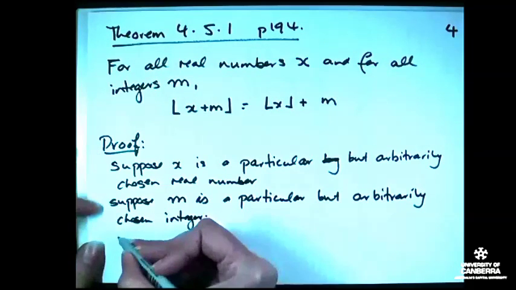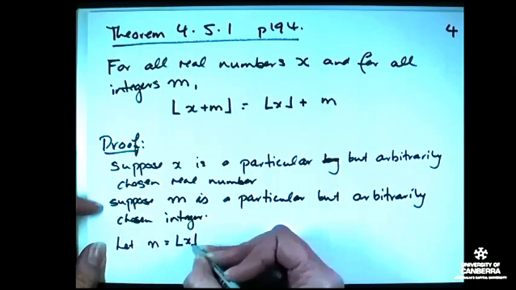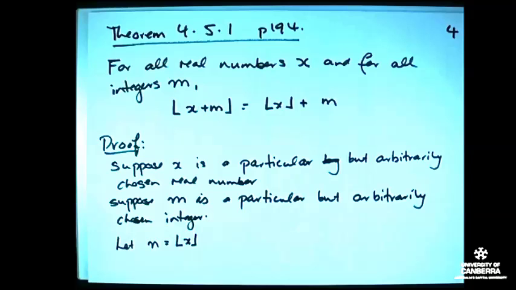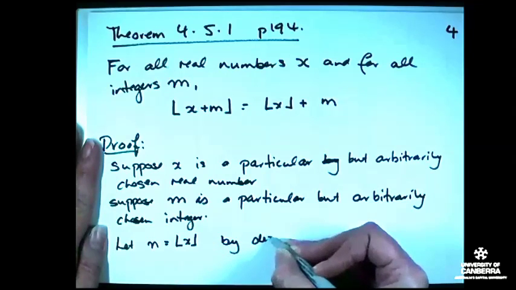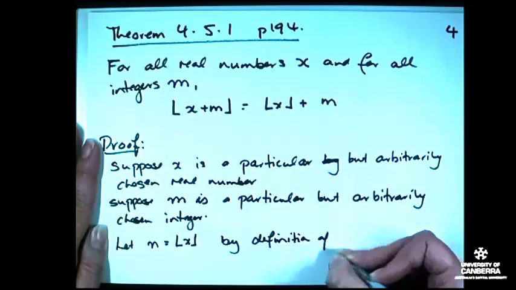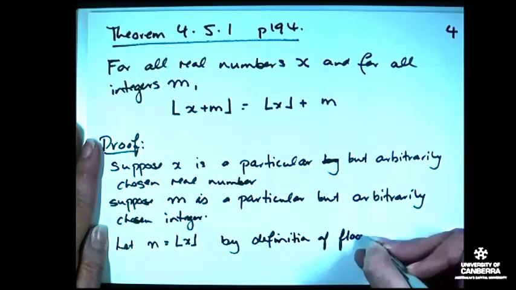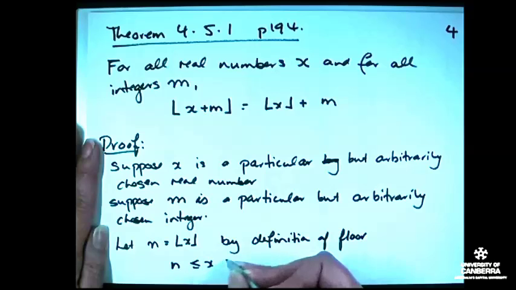Alright, let n be the floor of x. Okay, we're just calling the floor of x a name. So, by definition of floor, we know n is less than or equal to x is less than n plus 1.